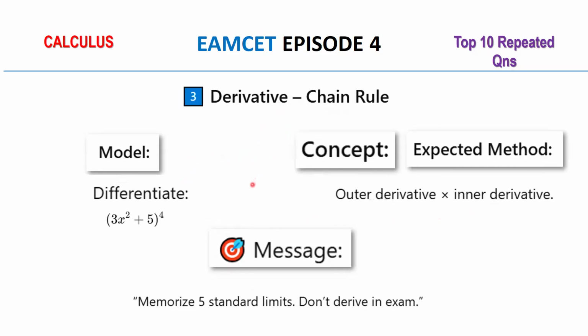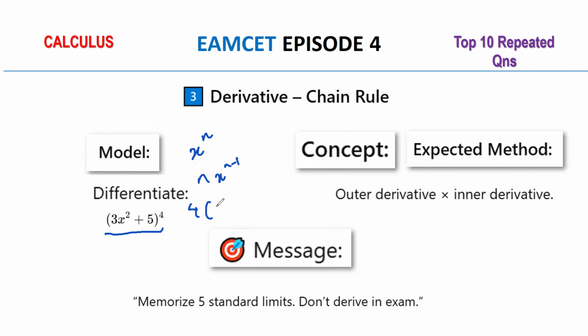Next. Now, the chain rule, in the derivative form. What is that chain rule? See, if we are given: differentiate 3x square plus 5 power 4. Generally what we will do, we keep x power n, so we say n into x power n minus 1, and we stop.